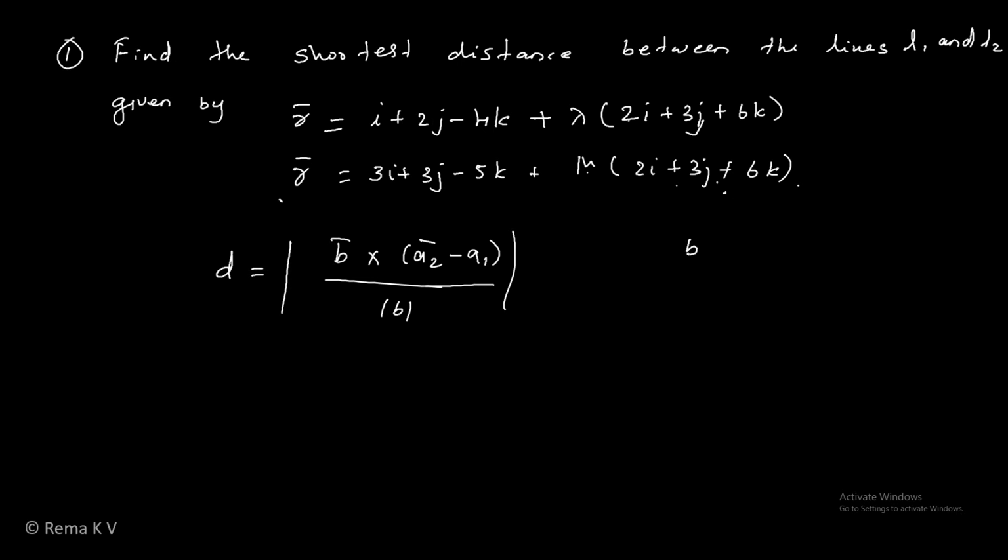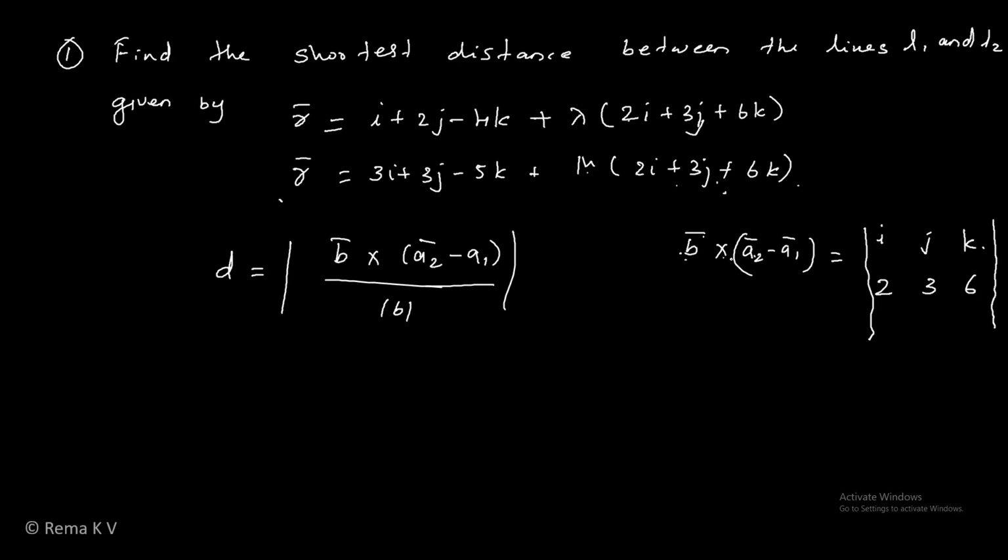To find the cross product we have to consider the determinant. The first row is i, j, k. Then since it is b cross a2 minus a1, first we have to write the scalar components of vector b. Vector b is 2, 3, 6.